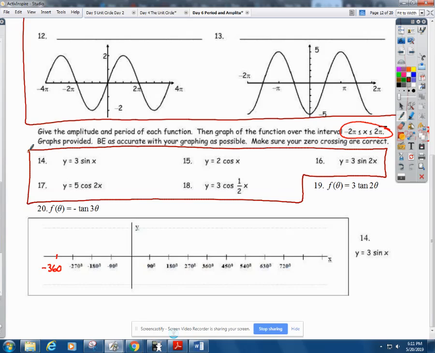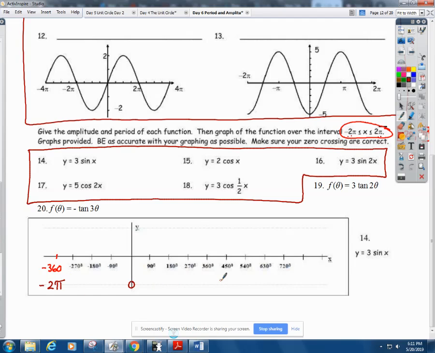Now, if you look, the graphs are given to you in degrees, and it's missing negative 360 degrees. And some of these graphs are going to require you, or all of them are going to, they're asking you to go from negative 2 pi to positive 2 pi. So you're going to graph from really negative 360 to positive 360. It's just that these are not written in radians.